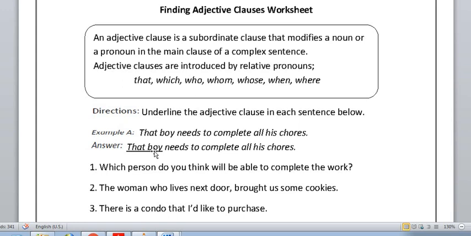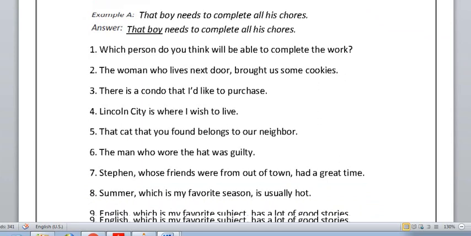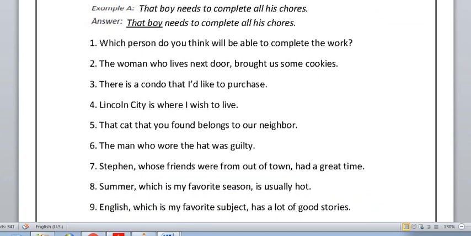Clause means subject and verb, so I need a verb. We should underline that boy needs to complete. I need the whole clause, not only one word. We need subject and predicate.